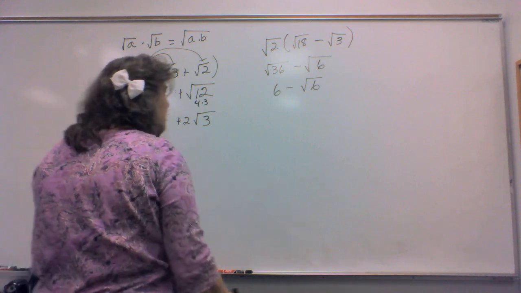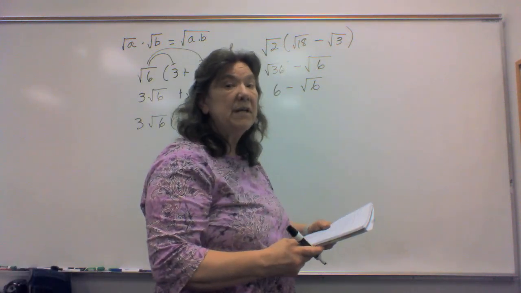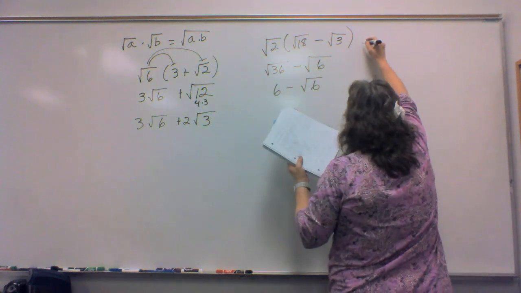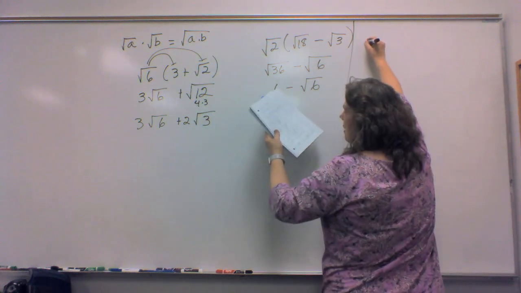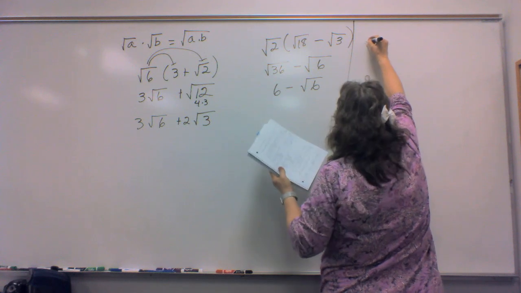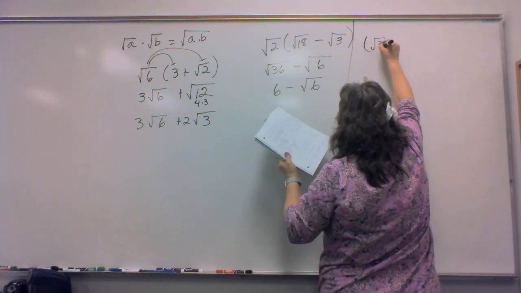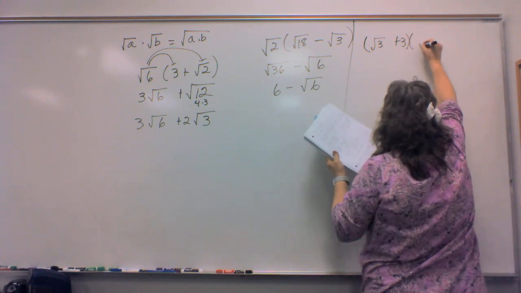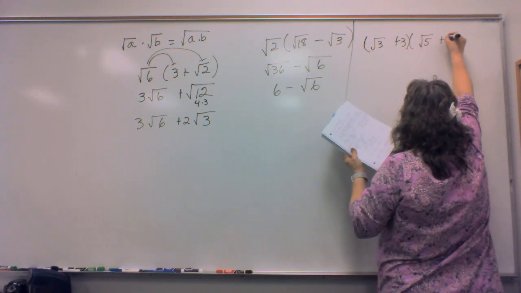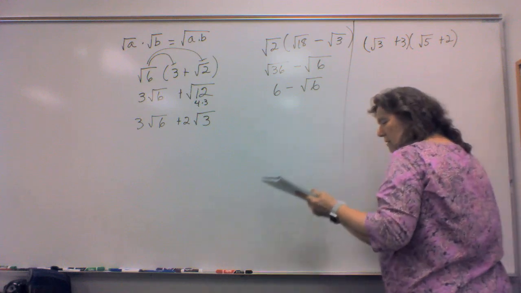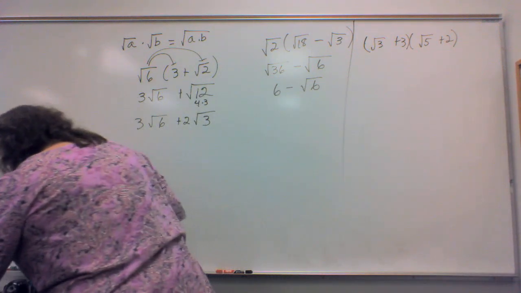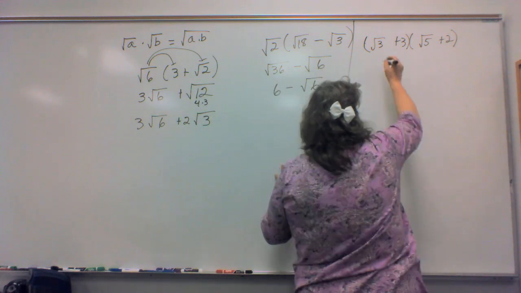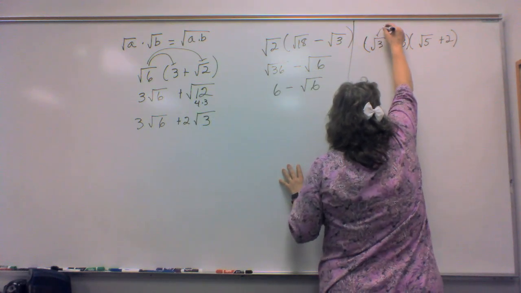The next one, though, because it's going to be binomial times binomial, you're going to have to FOIL it. So on this one, we have the square root of 3 plus 3 times the square root of 5 plus 2. First of all, we're going to multiply this one times this one.